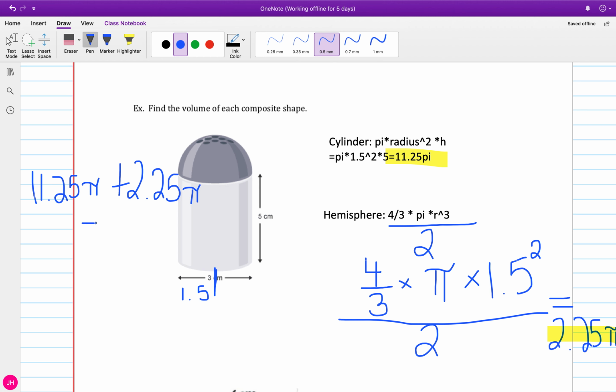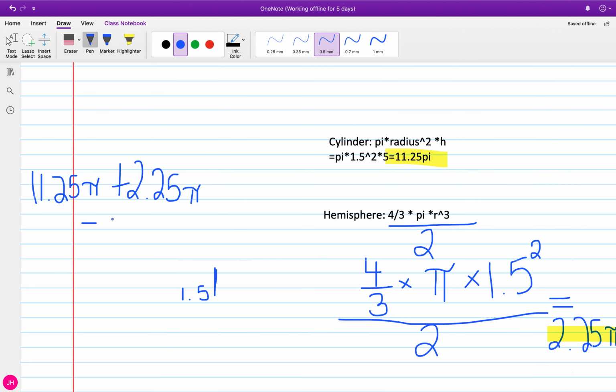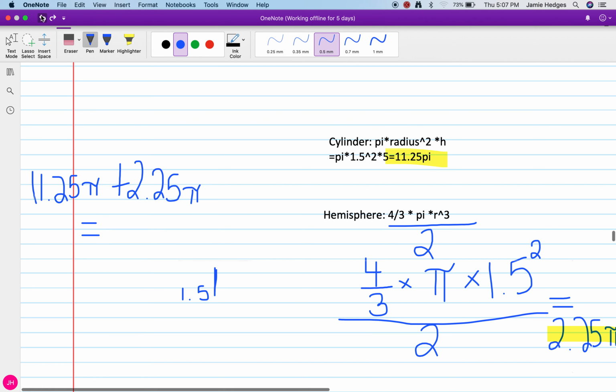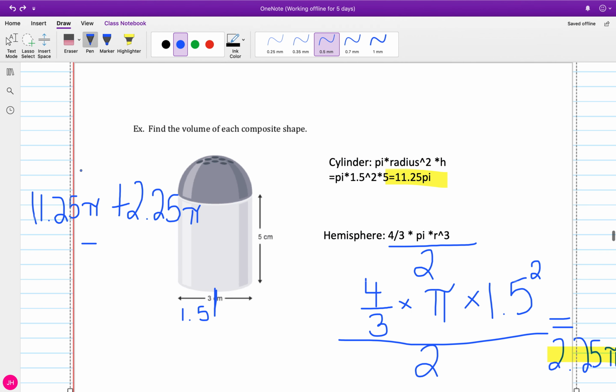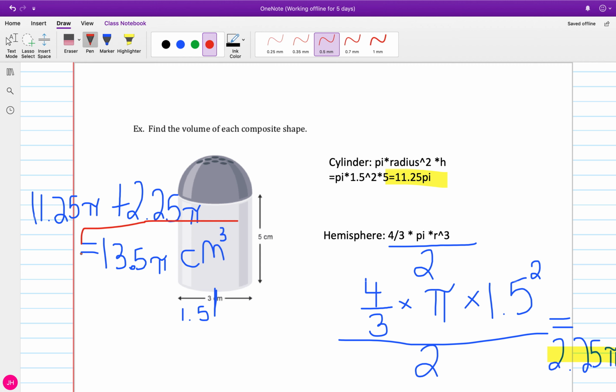And that's going to give me my final answer of 13.5 pi. And then we're going to make sure to put the units on there. That's going to be centimeters cubed because we're dealing with volume. So all of our answers are going to be centimeters cubed. And this is my final answer.